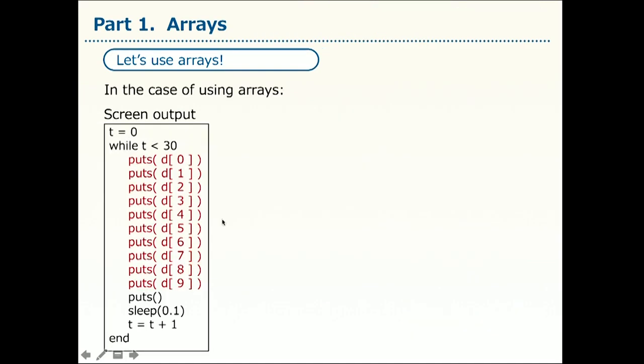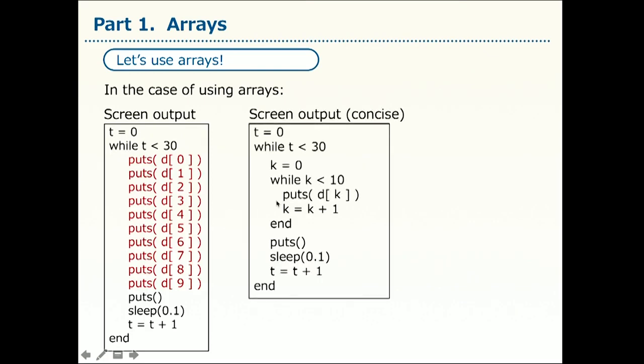On the other hand, this one is a way to write it concisely. The yellow part corresponds to each of the original pieces of data being written out. Let's have a look. Here we use the variable k for the index of the array. We initially assign 0 to this variable because we want to output from D0.